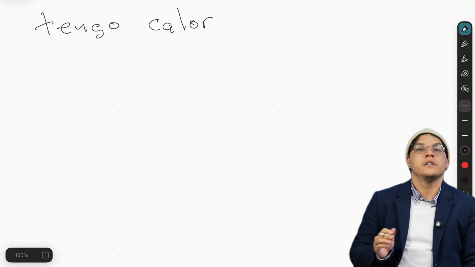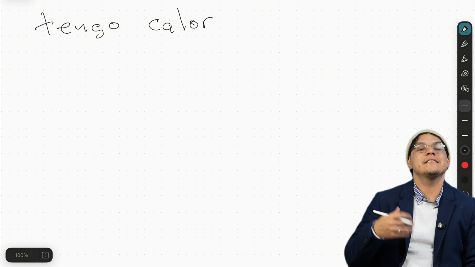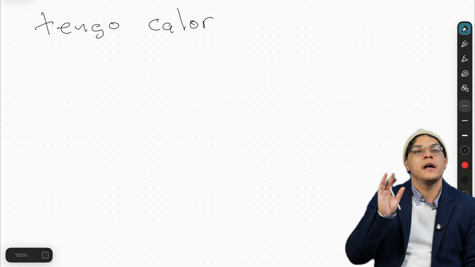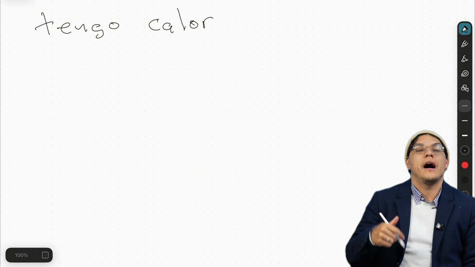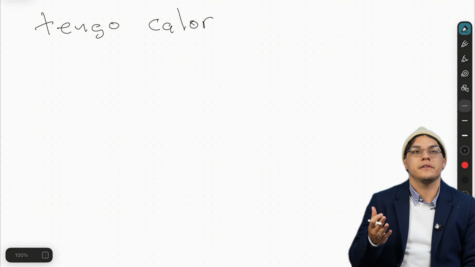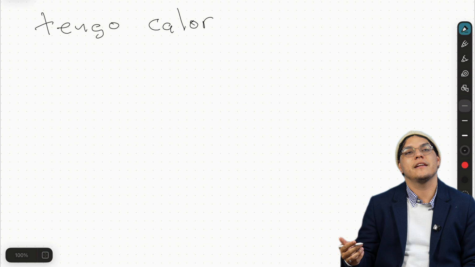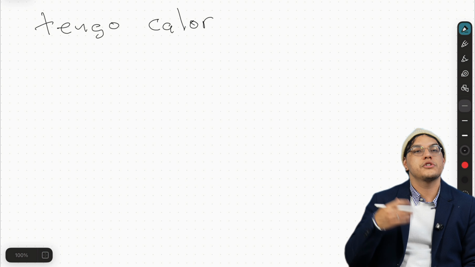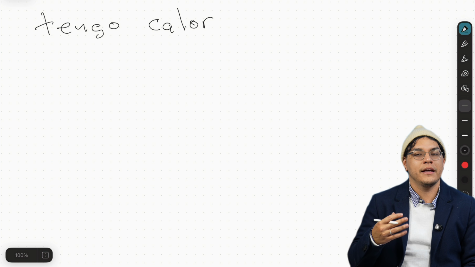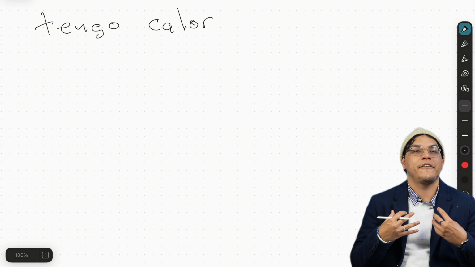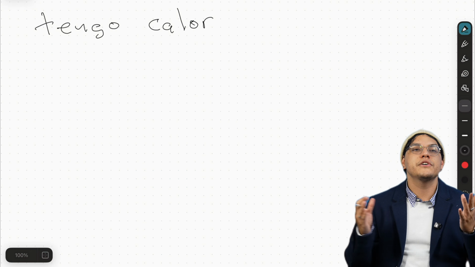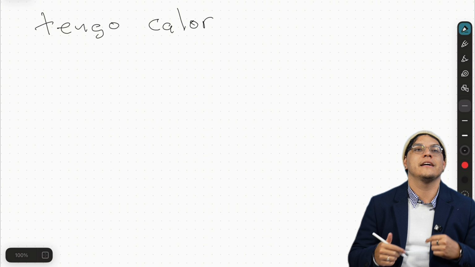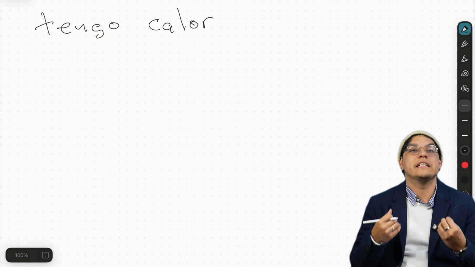What happens here is that if you literally translate it, this is what I want you to avoid. I want you to start switching between languages without translating everything. So think of tener as something that you can have with you literally. In Spanish, tener calor is like having the heat with you.